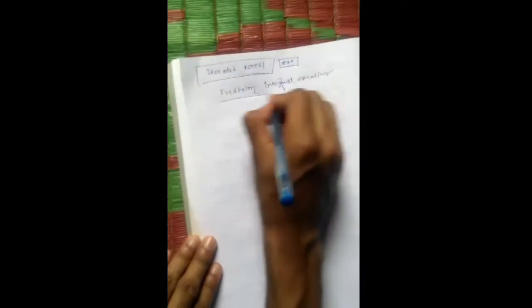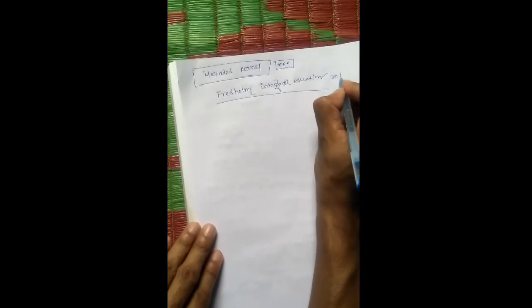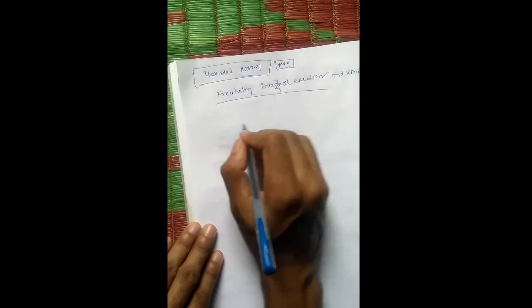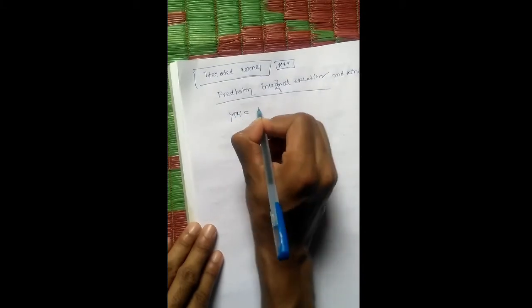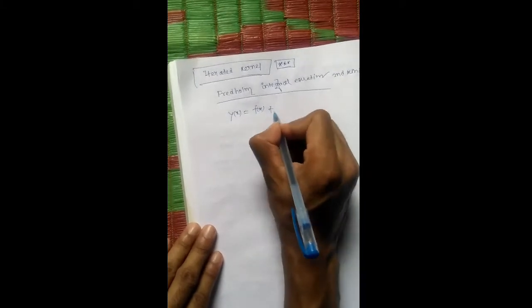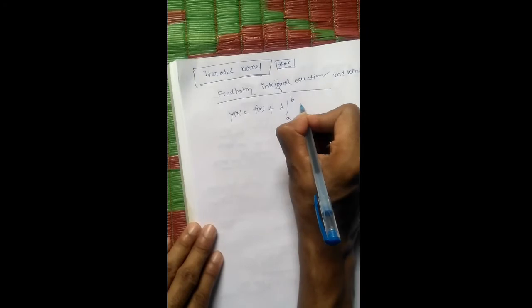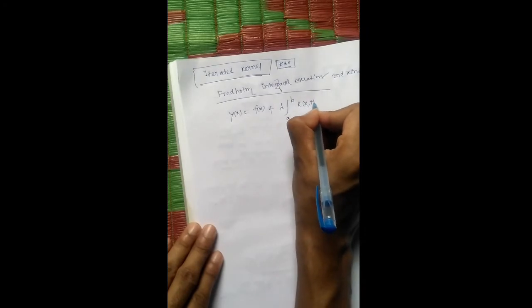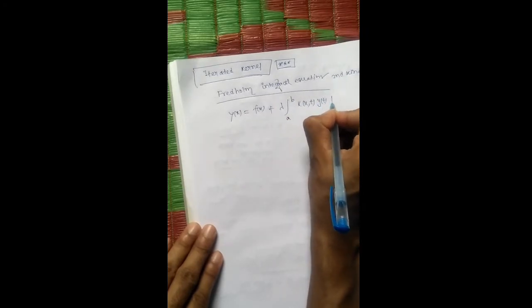Okay, of second kind, that is y(x) equal to f(x) plus lambda integration over a to b K(x,t) y(t) dt.